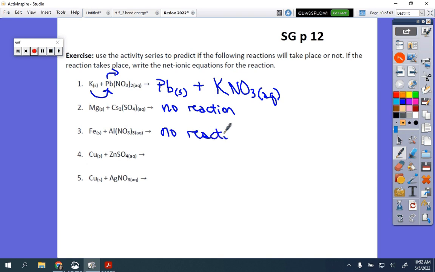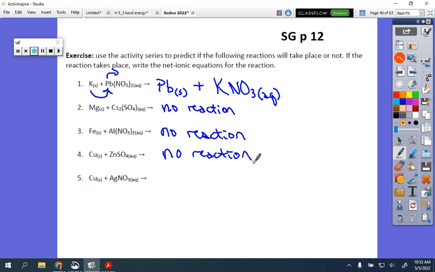What about number 4? Also no reaction. Okay, in all of these cases, the single element is below the thing that is already an ion. It is not going to be able to kick it out.